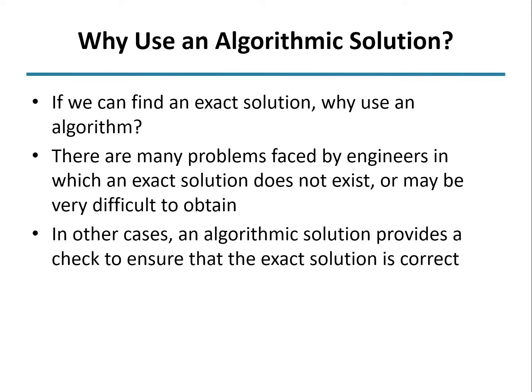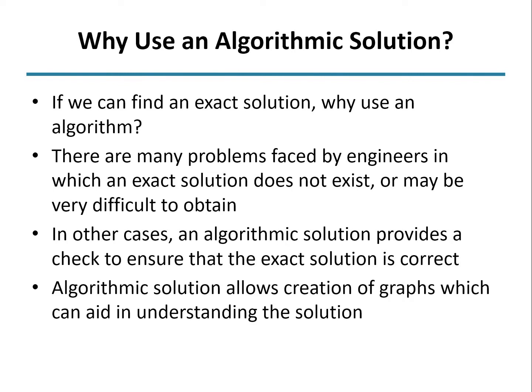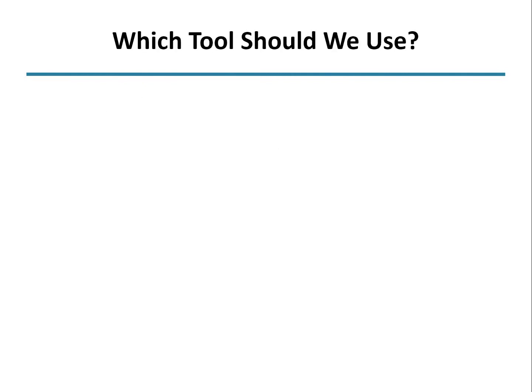Other times you may have done the analytic solution, but it's a pretty difficult problem, and so you might want to, as a check, do an algorithmic solution to make sure that the estimate you get from the algorithmic solution is close to the exact solution that you calculated. And again, the graphs really help in both understanding and communicating your solution.